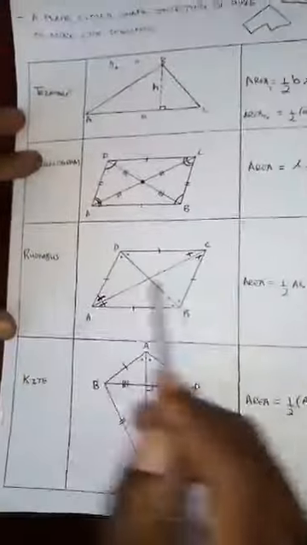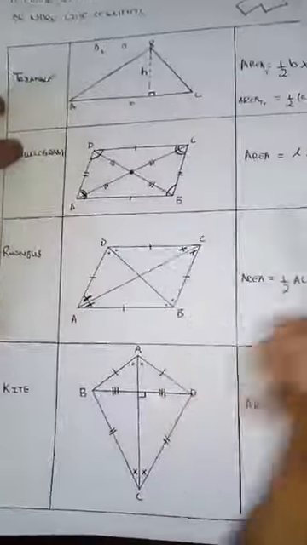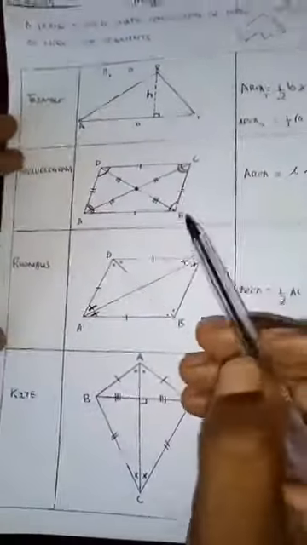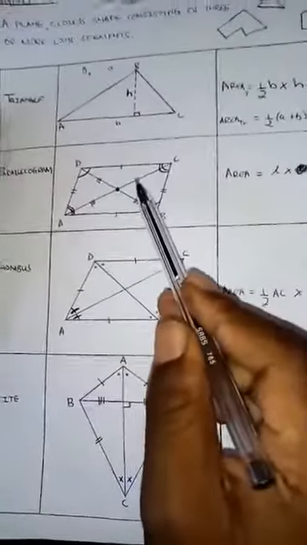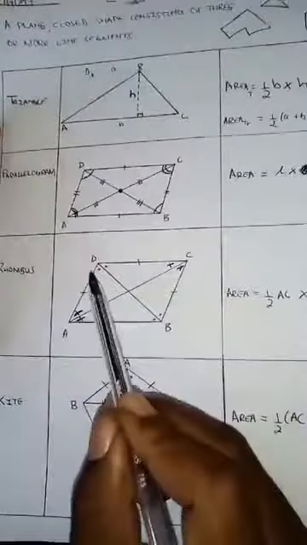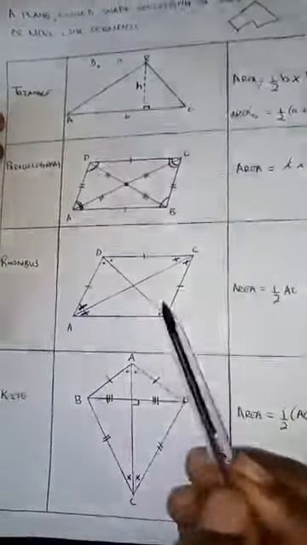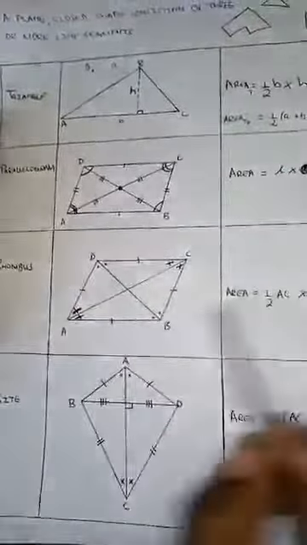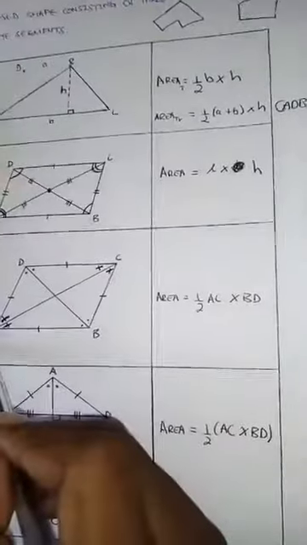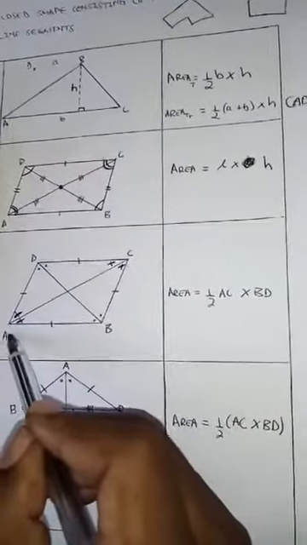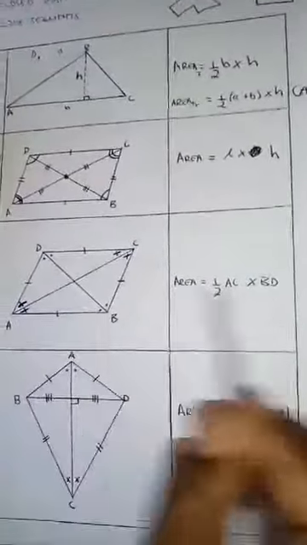And you can also have a rhombus. A rhombus is more like a square in italics, as much as a parallelogram is more like a rectangle in italics. So you can see a rhombus is defined by equal opposite angles and equal sides. And the area of a rhombus is given by half the product of the diagonals, half AC times BD.